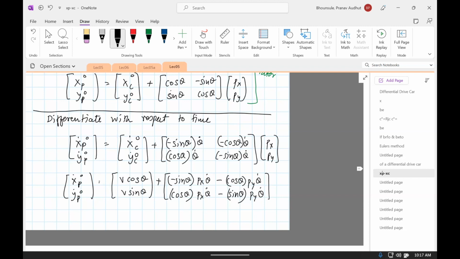Yeah, I'll just simplify the whole thing. I'll just combine those two things and write one formula for xp, yp.